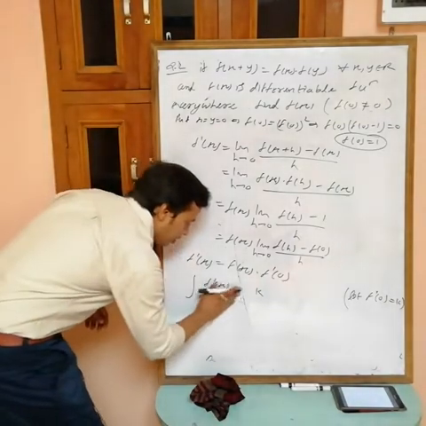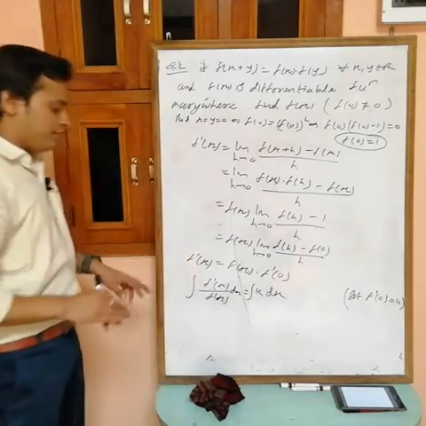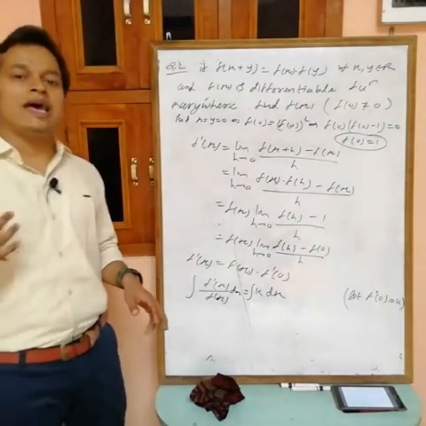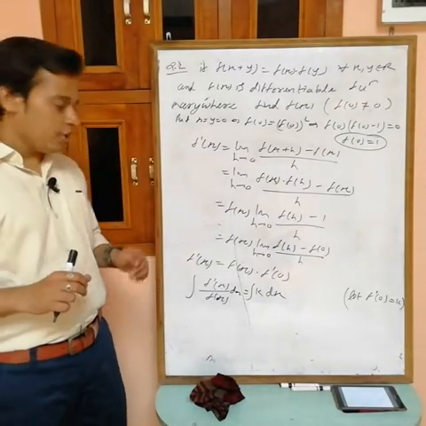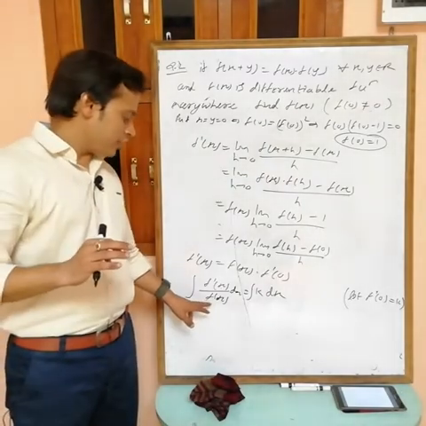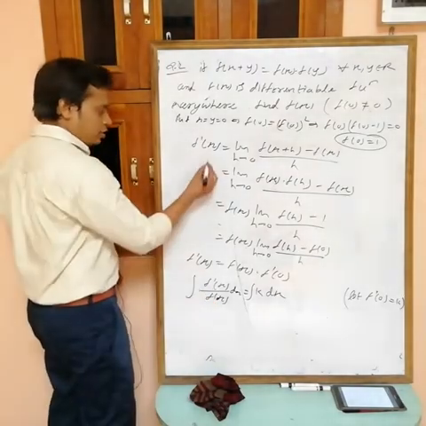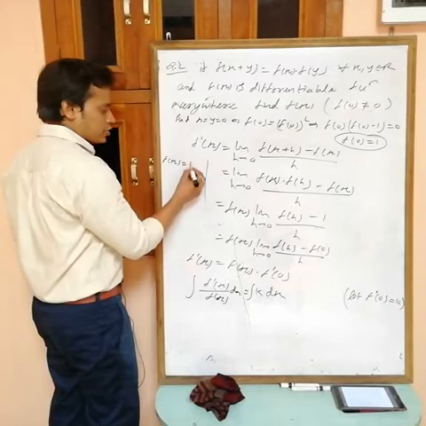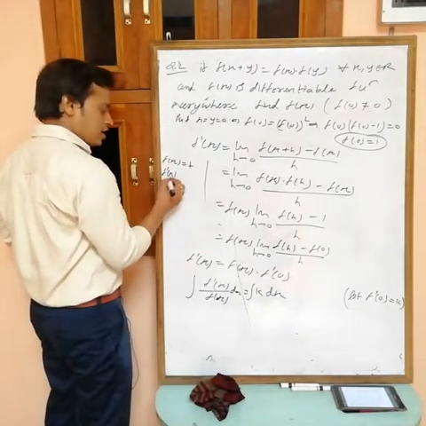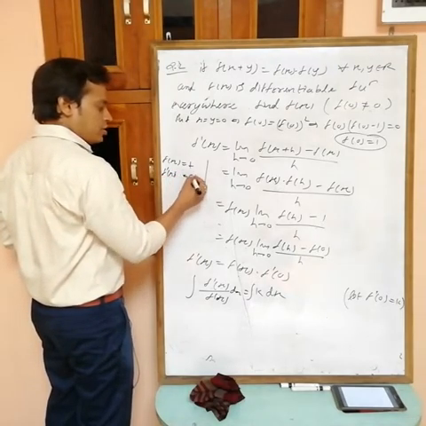Now integrate with respect to x. See, the integration of f'(x) by f(x) into dx is ln f(x). Let me show how: if I assume f(x) as t, how to integrate this? Differentiate, f(x) equals t, so f'(x) equals dt by dx.